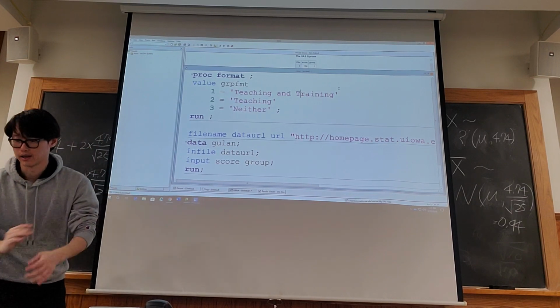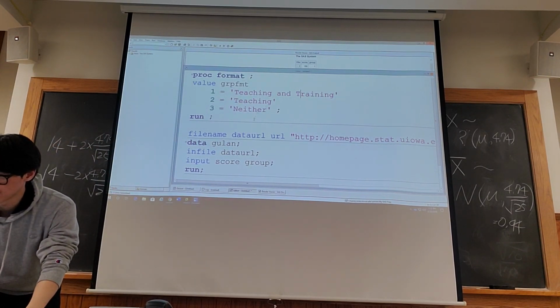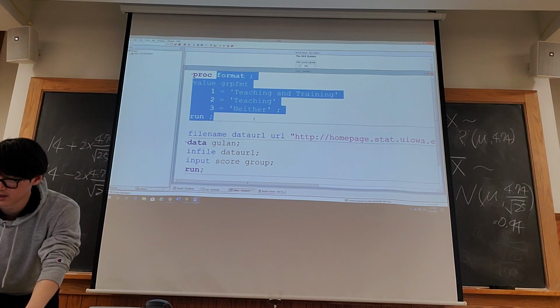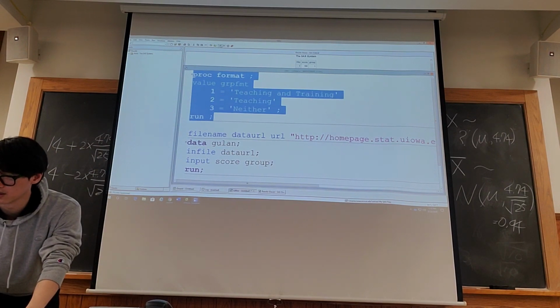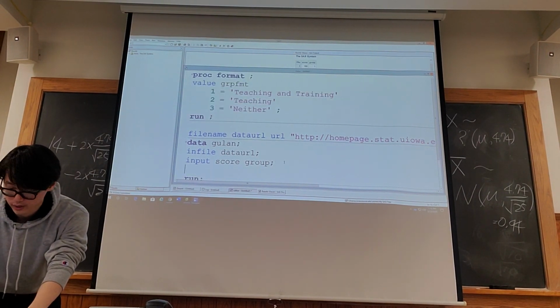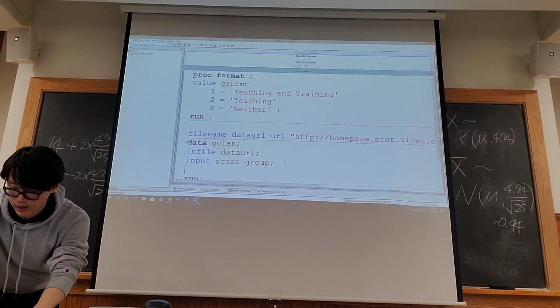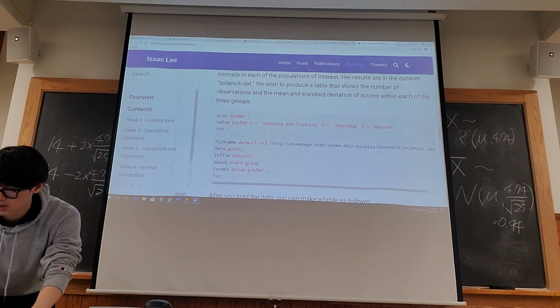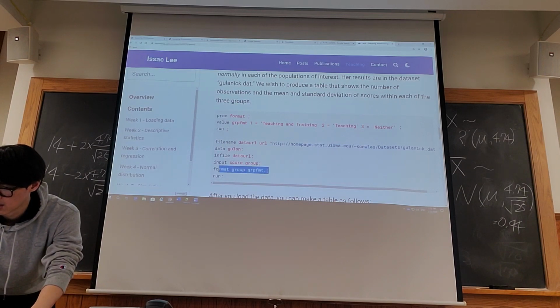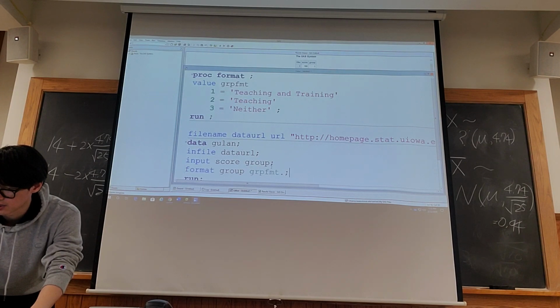Okay? Once I define this format, I submit, and then when I load the data from that URL, I can put this format option, the last one.